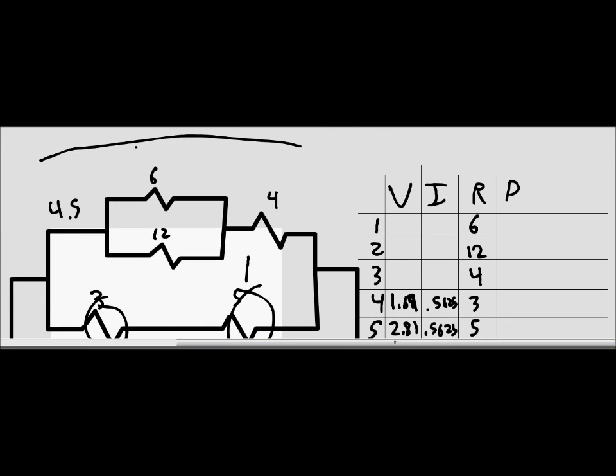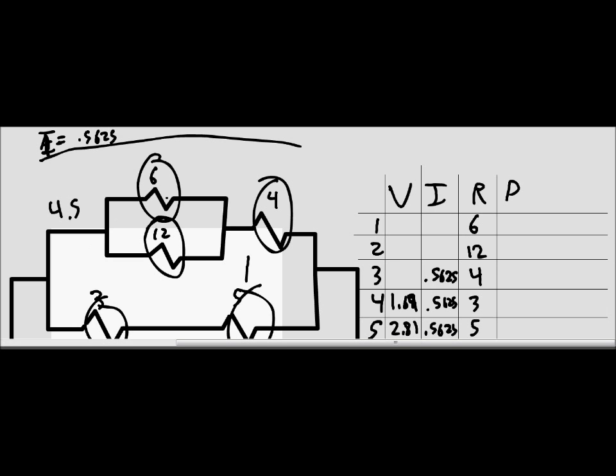So along this entire stretch, the current is equal to 0.5625, which means that at this point the current is that, but at these the current is different because the current splits.